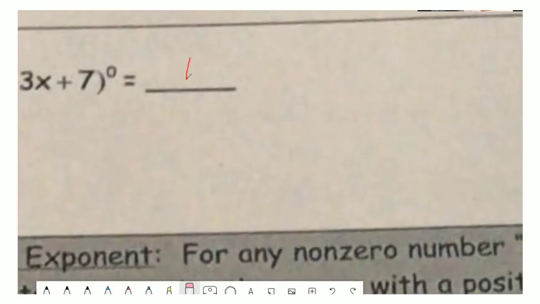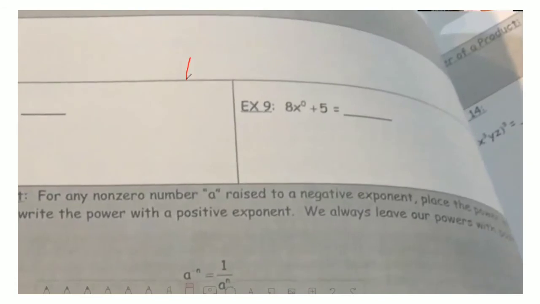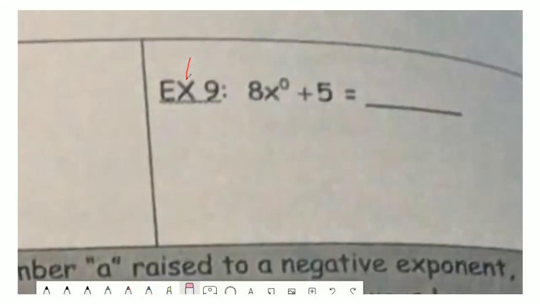For number nine, would that just be five then? No, because only the x is raised to 0. The 8 is not raised to 0. Are you seeing that? Every number is raised to something. This one is raised to 1. This is raised to 1. If you see a variable and a coefficient, it means we're multiplying, right?